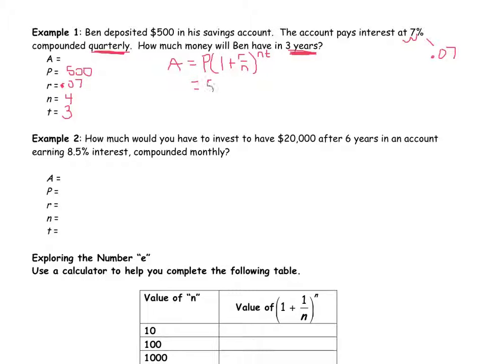P is 500. 1 plus the rate is 0.07 divided by N, which is 4, raised up to the NT, so 4 times the T, which is 3. Okay, so pause the video and let's go ahead and enter that into your calculator to see what A is.